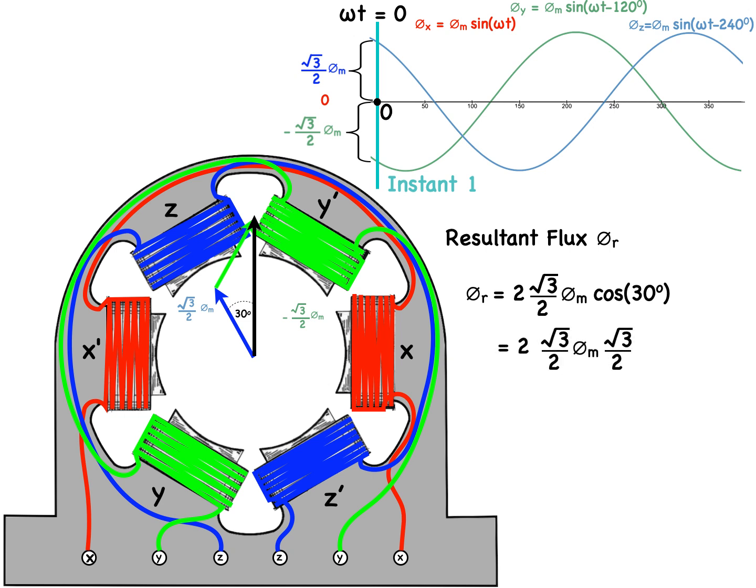The cosine of 30 is just root 3 all over 2, so our answer is 2 times root 3 all over 2 times phi m times root 3 all over 2, which gives us 1.5 phi m for the magnitude, and it is pointing straight up, which is 90 degrees.